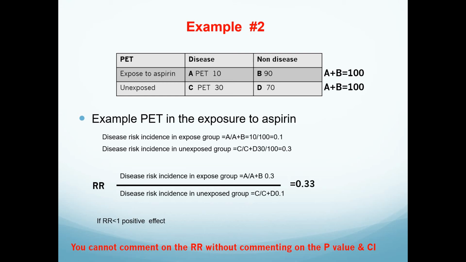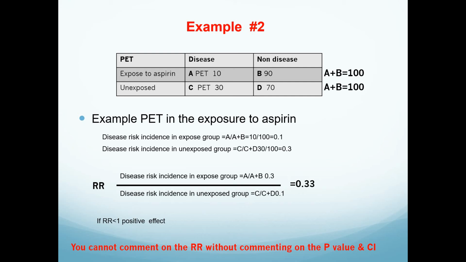We will take another example, exposure to aspirin. So we have a control group who are not exposed to aspirin, and we have the intervention group to whom we give aspirin. And we will study the relative risk. As we explained, it's the absolute risk in the exposed or intervention group divided by the absolute risk of the unexposed or non-intervention group.